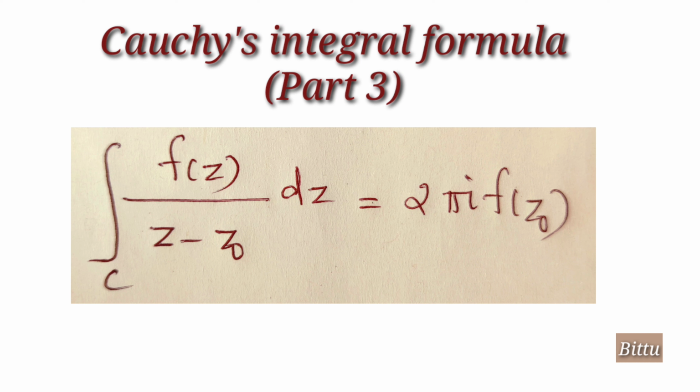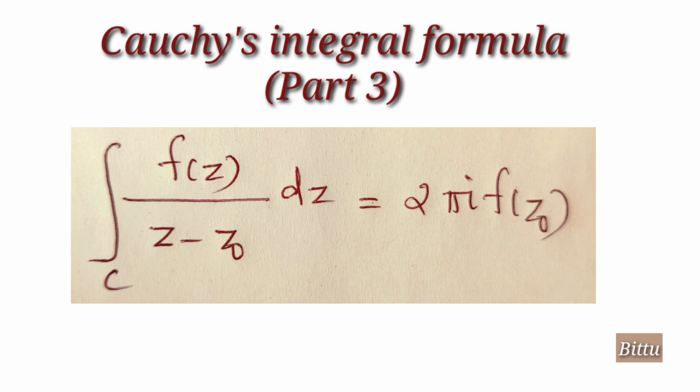You put z equal to 0 in the remaining factor. When z equal to 0, it is 1 by minus 1, that is minus 1. So a is minus 1. Similarly for getting b, its denominator is 0 when z equal to 1. You put z equal to 1 in the remaining factor. So it is 1. So this is the partial fraction of 1 by z into (z minus 1).